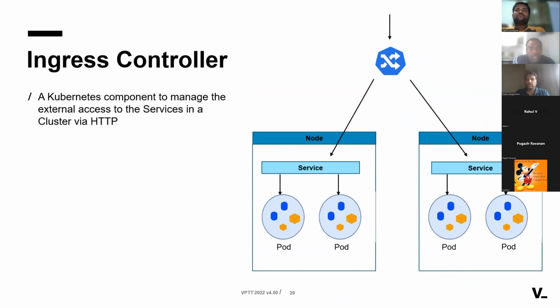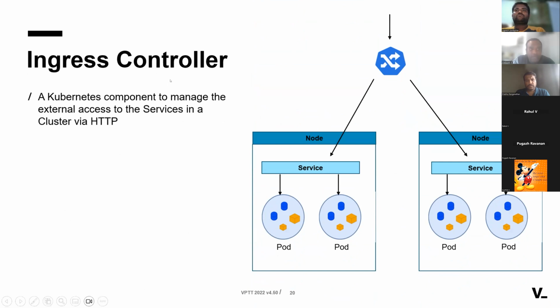And the next one is the ingress controller. Now we think that just with the service, it is really not going to be useful. We somehow have to expose our pods to the external outside world, so that they will be accessible. That's where the Kubernetes ingress controller comes into play.